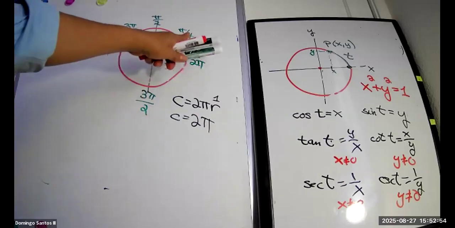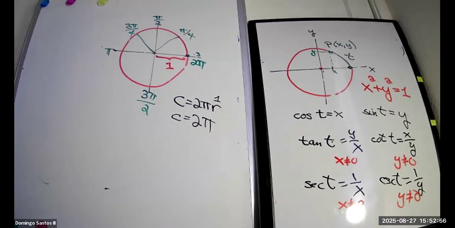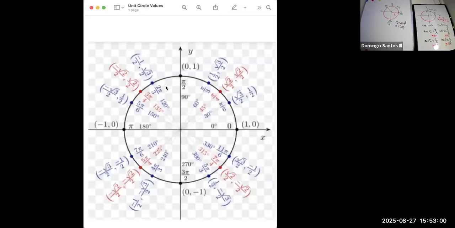You can also divide this into 3 and 6. That's why, if you look at the cheat sheet, these are the values: degrees, radians.